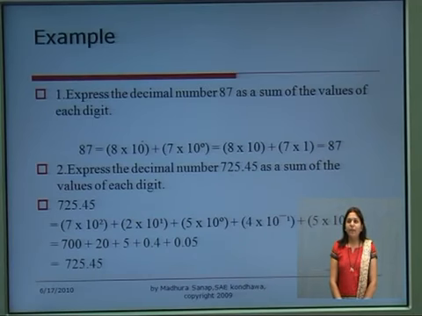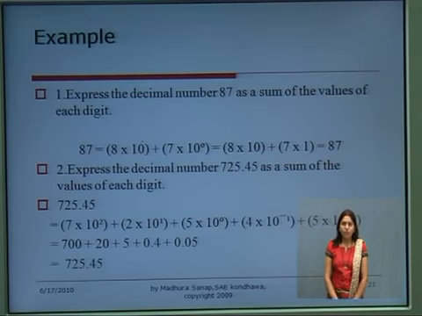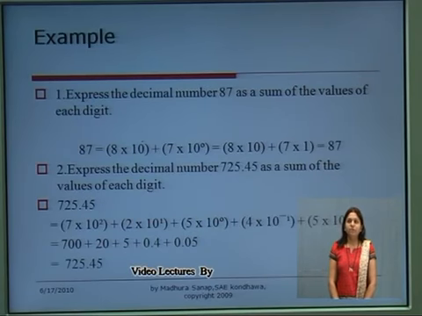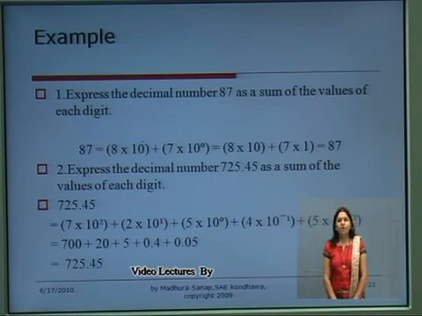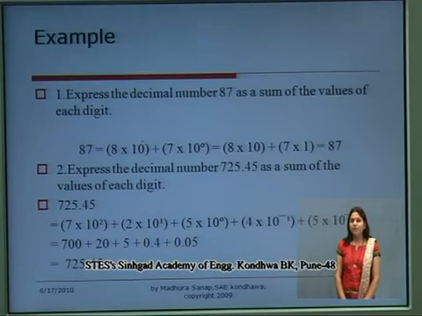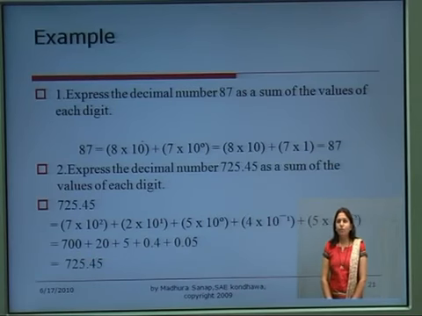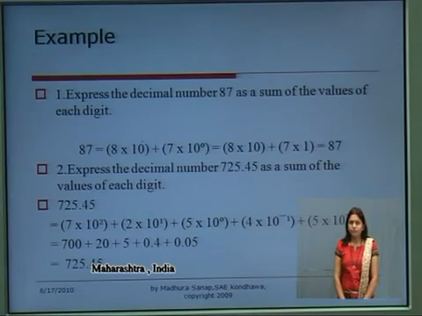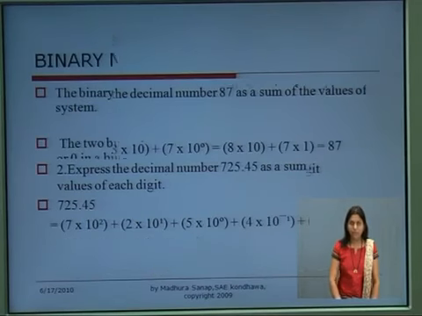For the fractional part, we write the negative powers. So it is 4 into 10 raised to minus 1 plus 5 into 10 raised to minus 2. So the total will be 700 plus 20 plus 5 plus 0.4 plus 0.05. It is 725.45.